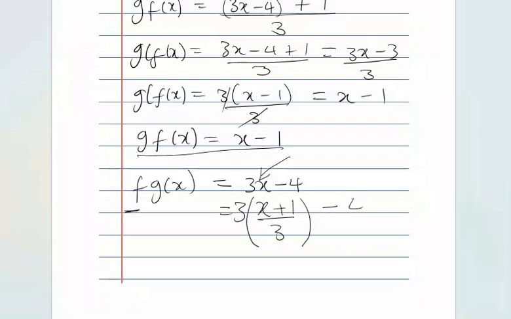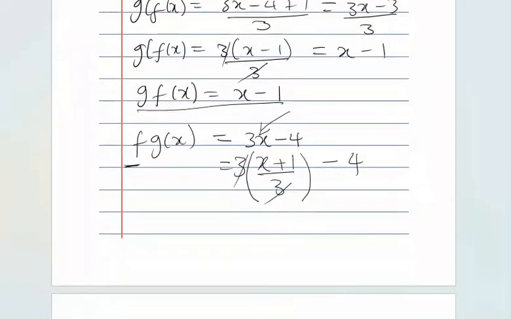This minus 4 minus 4, so this will cancel out. This could have been x plus 1 minus 4. This could have been x minus 3. Positive 1, negative 4, it will be this.